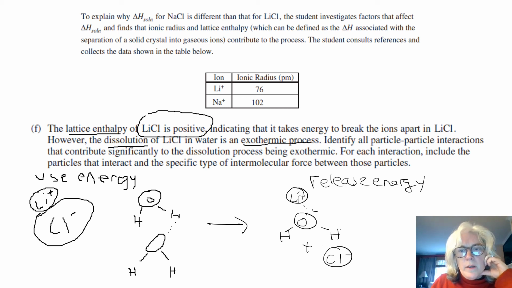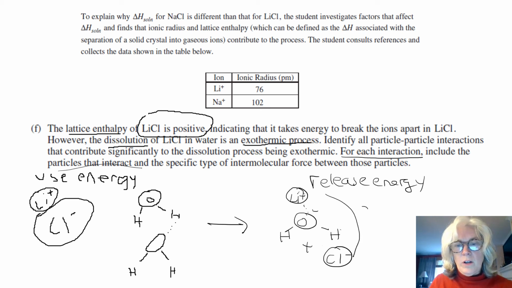What they want you to do is, for each interaction, include the particles that interact and the specific type of intermolecular force between those particles. Well, I've got my lithium ion interacting with the negative end of my polar water molecule, and I've got my chlorine ion interacting with the positive end of my polar molecule. Those attractions are called ion-dipole interactions.